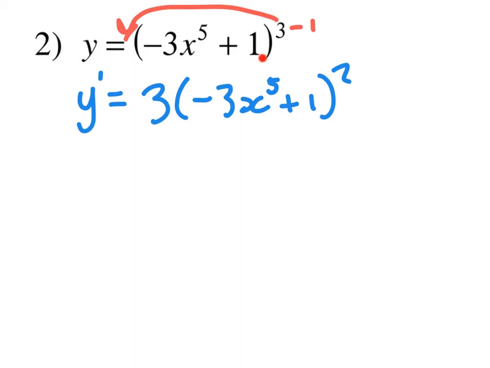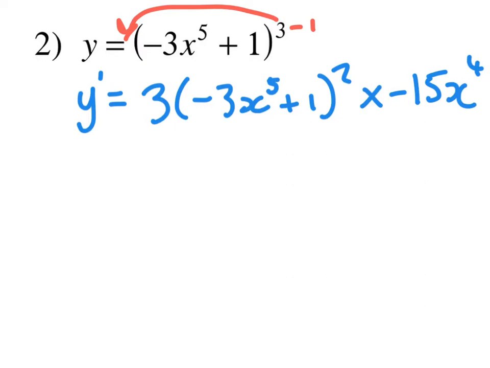Now I need to differentiate what is inside my brackets, and I'm going to multiply that. The derivative of minus 3x to the power of 5 is going to be minus 15x to the power of 4. So the 5 comes down in front, minus 3 by 5 is minus 15, and 5 take away 1 is 4. I cannot differentiate plus 1, it's a constant.